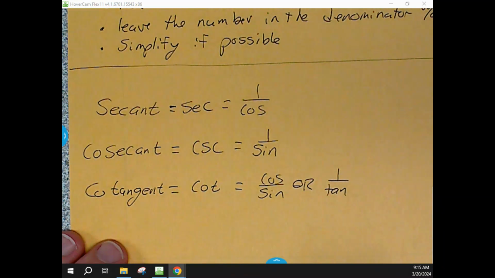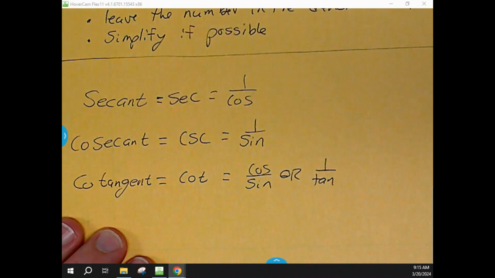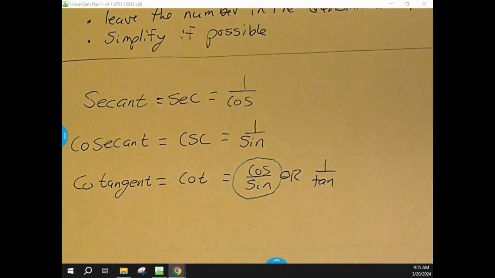Which one you use doesn't really matter. You get the same answer either way. It just depends on your thinking and how you want to think about it. We'll probably think about cosine over sine more than we do the 1 over the tangent part. Okay, so when we're doing secant, some of these answers are going to be really easy. Some of these answers you're going to have to stop and think for a minute.